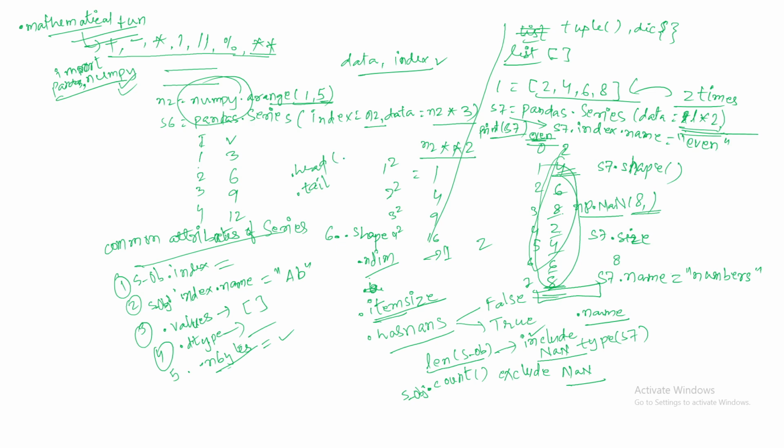If you do not write any value in head, then the first 5 data will be displayed. The tail function displays the last 5 data.